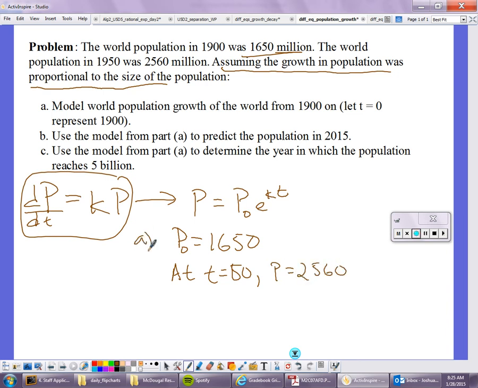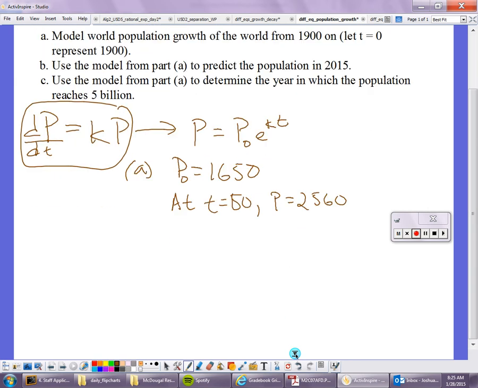Right, so this is all part A. So I can say P, 2560, that's P. So I'm just bringing this down here, equals 1,650 e to the k times 50.